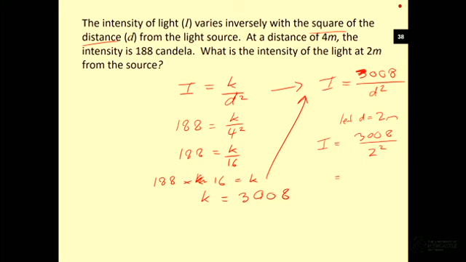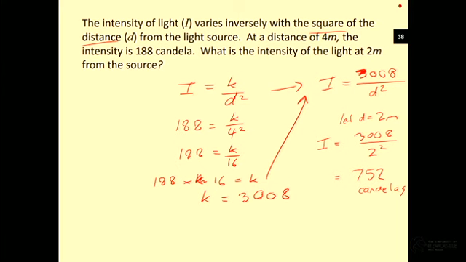Okay, so 3008, we're dividing by a 4. Anyone? And I'm going to write candelas, whether I understand it or not. That was the units, 752 candelas. Okay? So it's brighter the closer you got. Yeah, that makes sense. Shorten the distance, up the brightness.